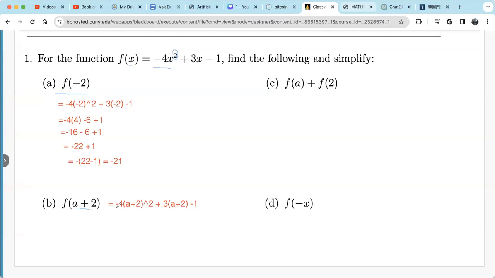You see here, negative 4 is still here, the square is still here, 3 is here, negative 1 is here. The only thing changed is the variable, because the input now is a plus 2. Before this was x, now it's a plus 2.